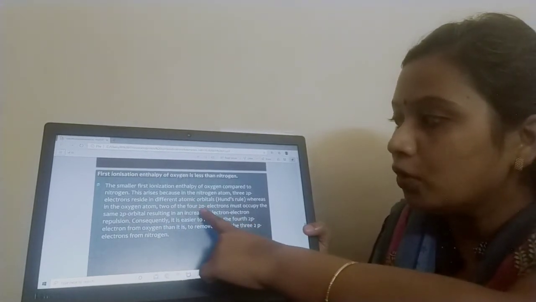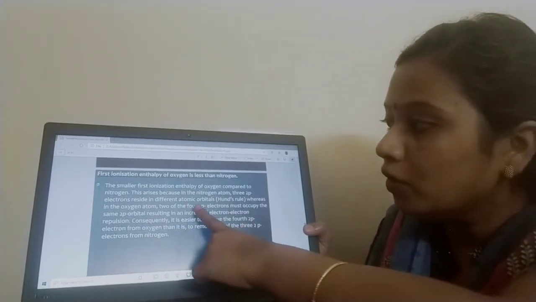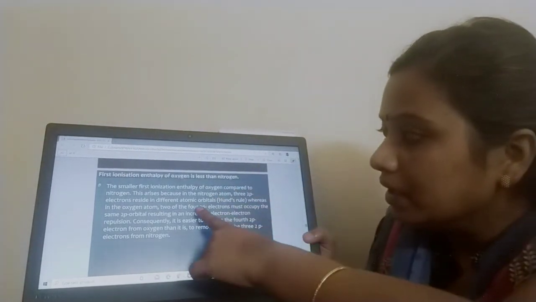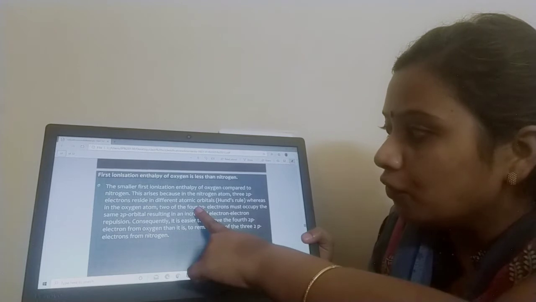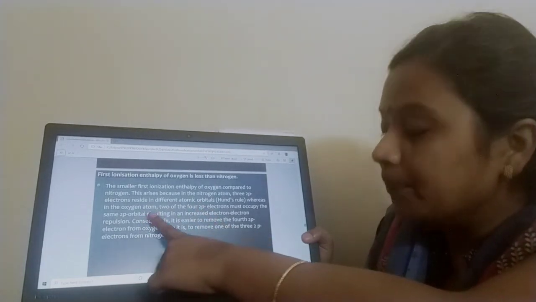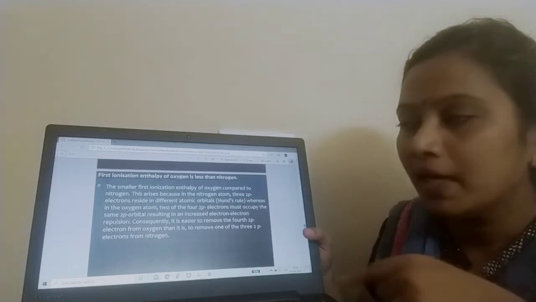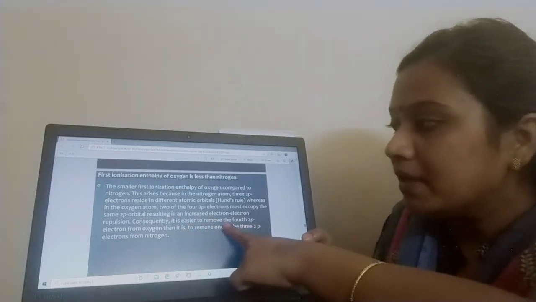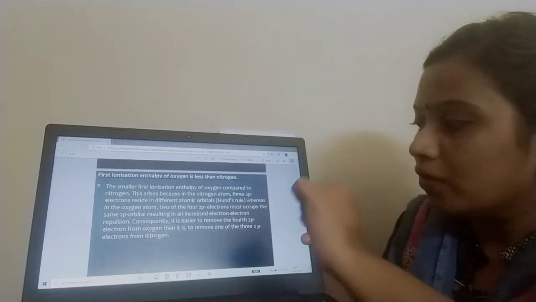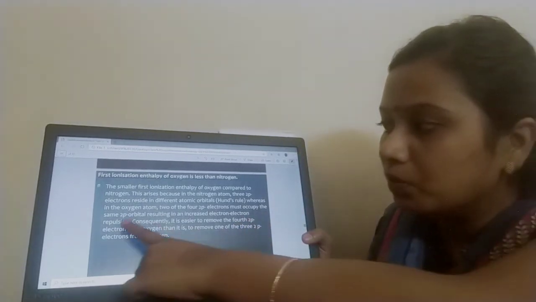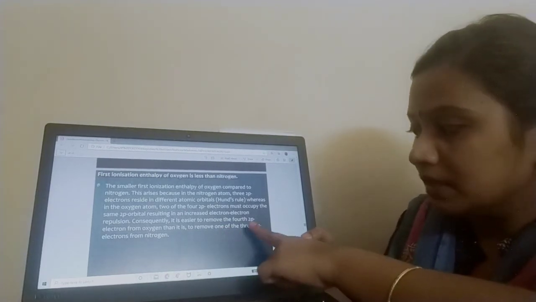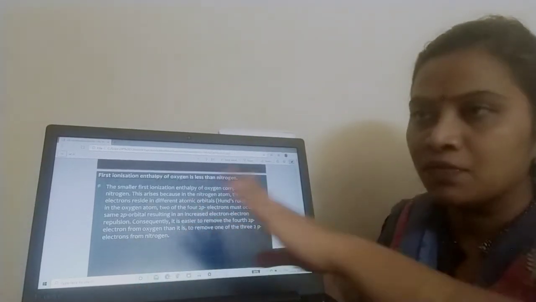We have 4 2p electrons, and 2 of them are placed in the same 2p orbital. As a result, there is more electron-electron repulsion. So the removal of the 4th electron from 2p in oxygen is easier than removing one of the 3 2p electrons from nitrogen.